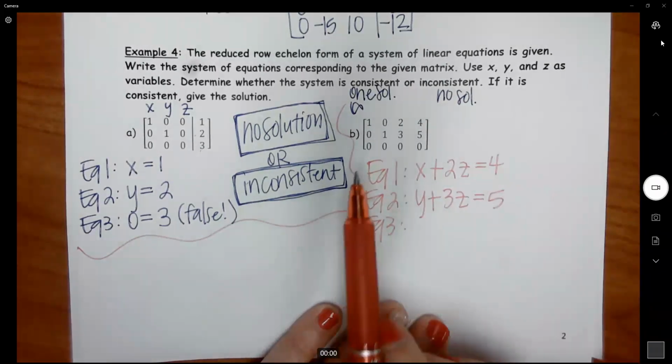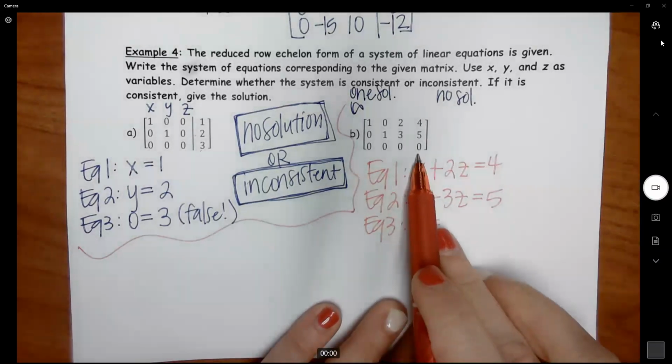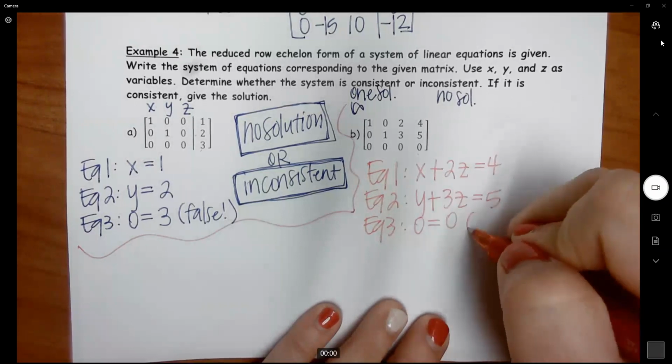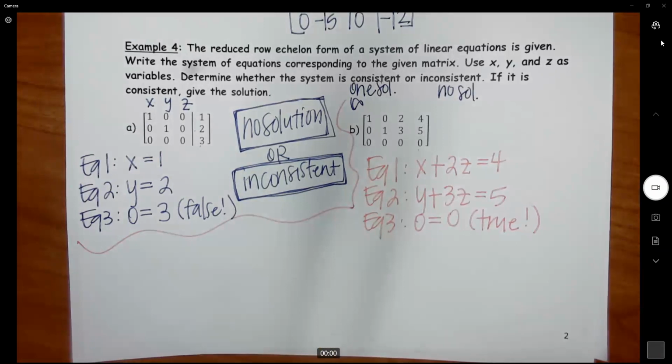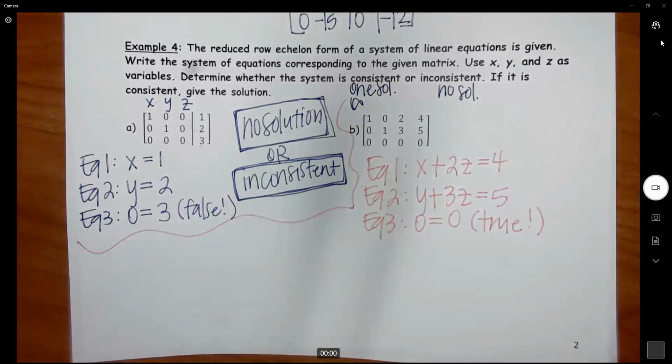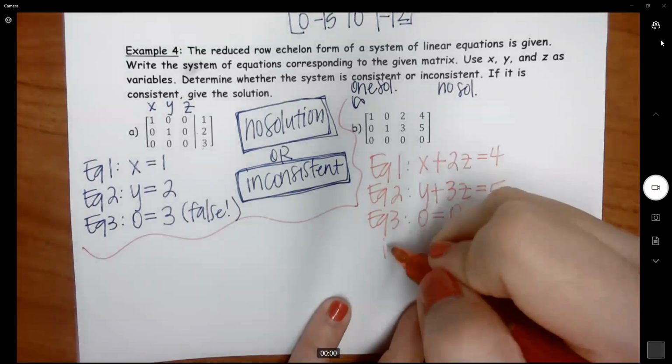And then equation 3, we have 0x, y, or z, but it equals 0 because I have no variables here, but this is true. This is my infinitely many solutions.